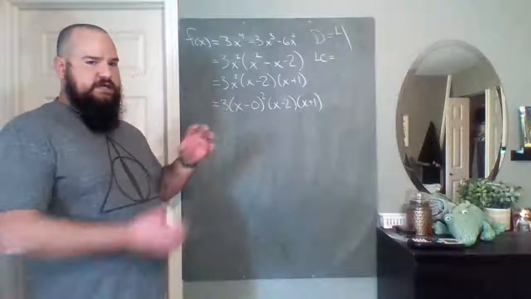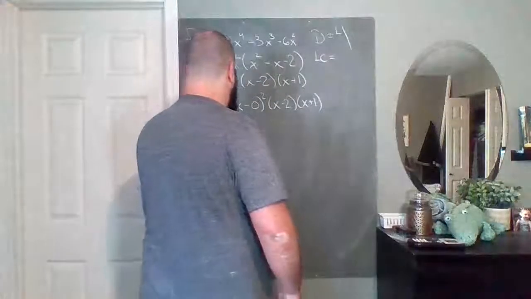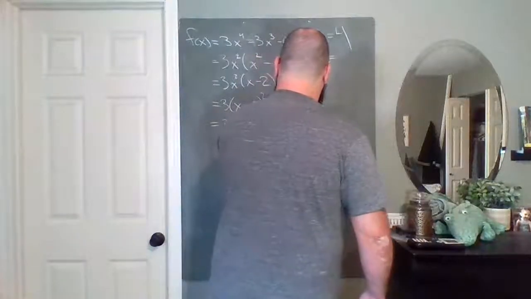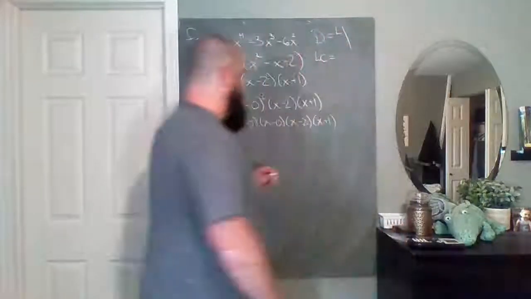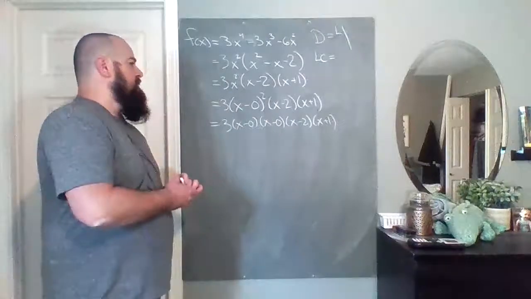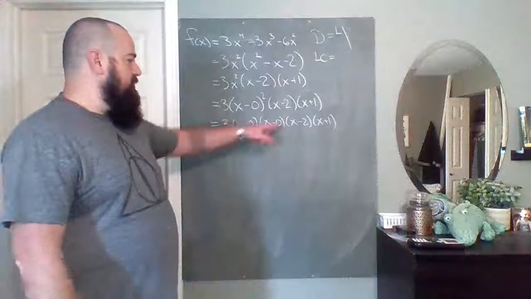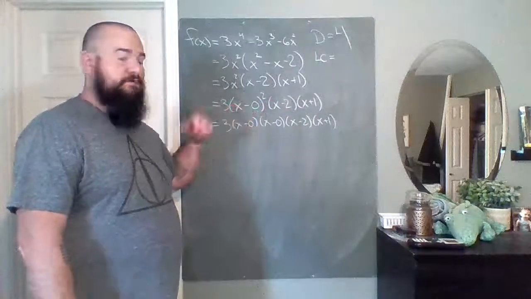And if we wanted to write this in that fully factored form, we'd write out x minus 0 twice because it was squared. Now from here we can see we have 1, 2, 3, 4 factors. Bam, we're done. I have 1, 2 here, and then 2 of them here, so that's 2 and 2, it's 4.